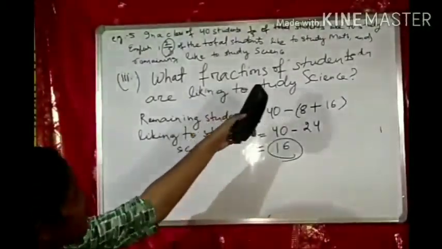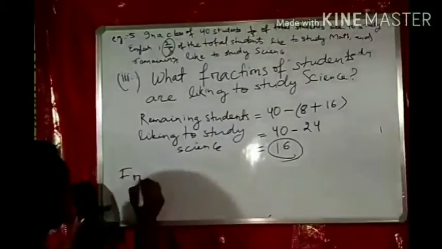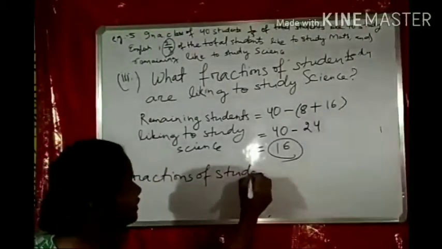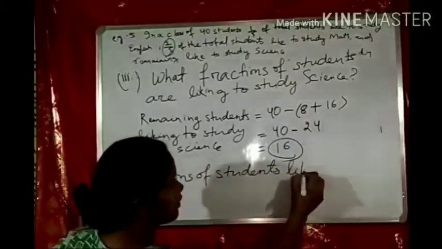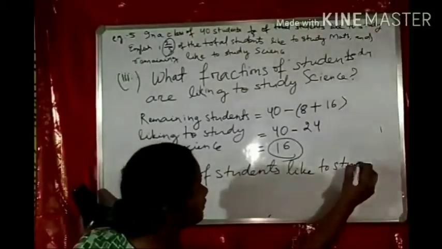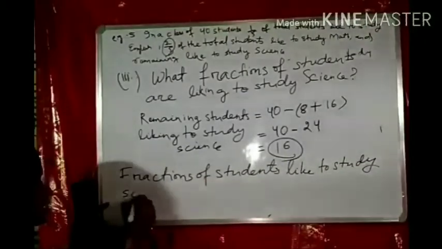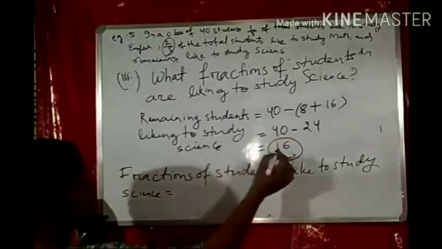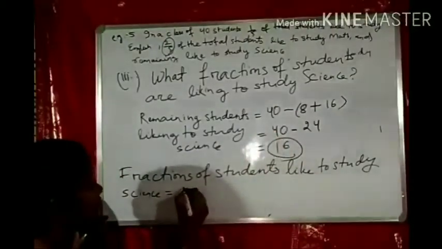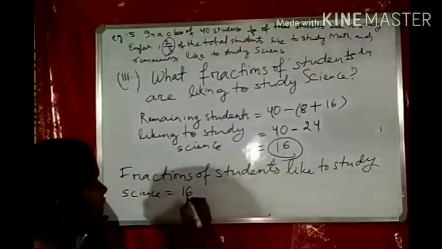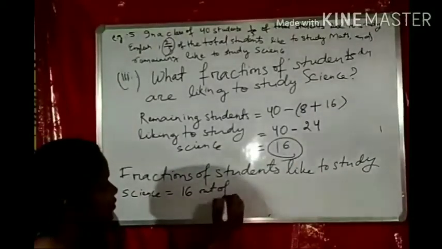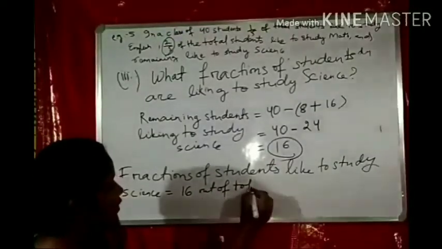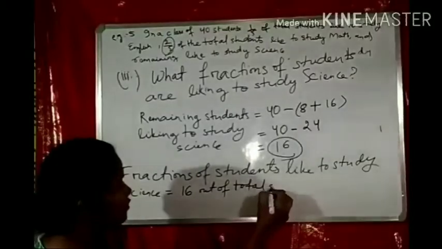So you have to find out the fraction. So write down the fraction of students who like to study science equals 16 students out of the total, 16 out of the total students.